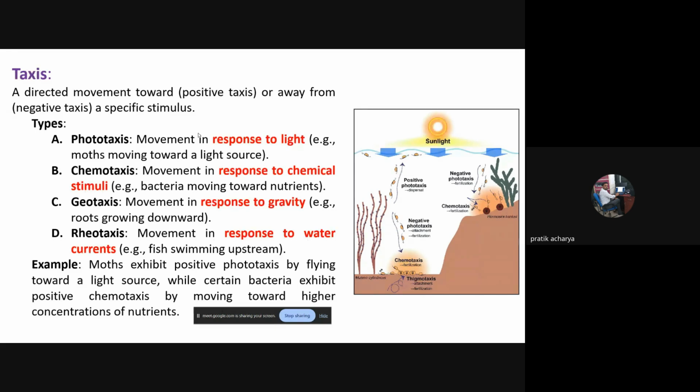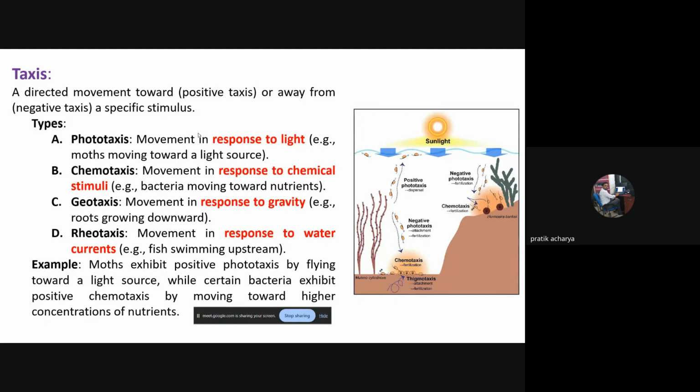Chemotaxis means movement in response to chemical stimuli. When bacteria are moving towards nutrients, a nutrient is a kind of chemical. If bacteria are very fond of those nutrients, they move to the nutrient. They grow faster in the nutrient medium. So this is an example of chemotaxis. Geotaxis is movement in response to gravity. The roots are moving downward.